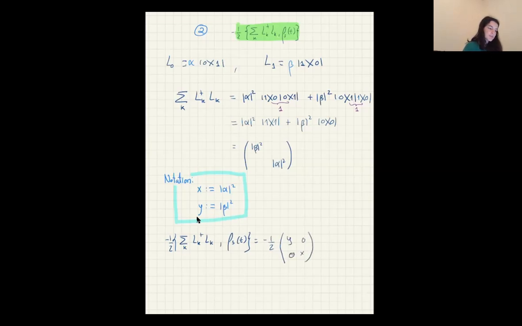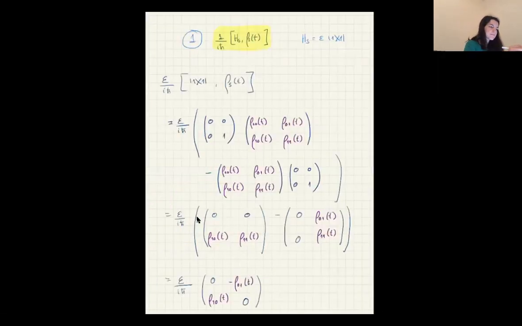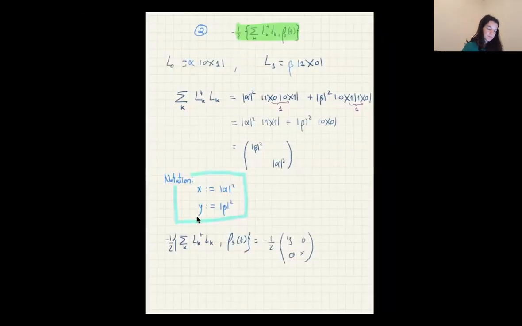And now comes our matrix at time t. Let's get it, so we don't have to write it all the time. Plus the other term, so minus 1/2 times the matrix, and the other matrix.